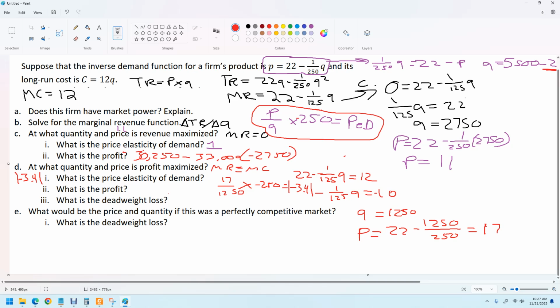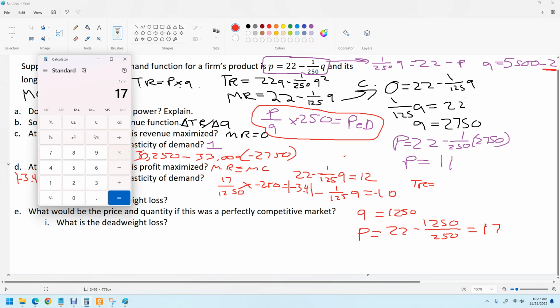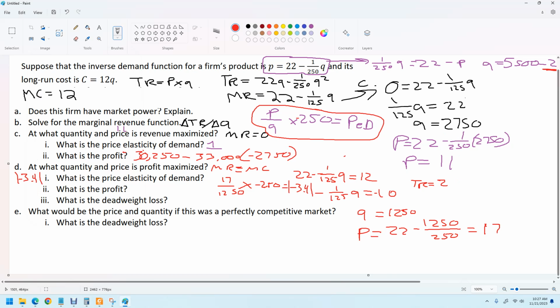Okay, profit. We want to know the total revenue. So total revenue using profit maximizing price and quantity. It's going to be 17 times 1,250, and that is 21,250.